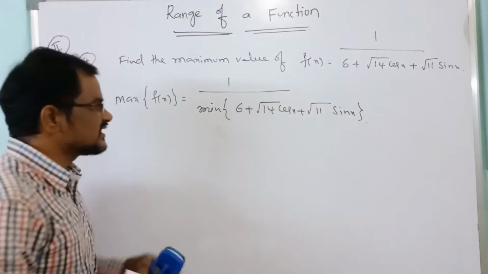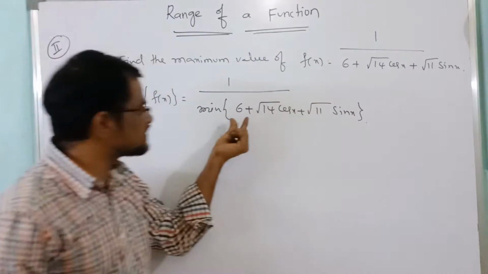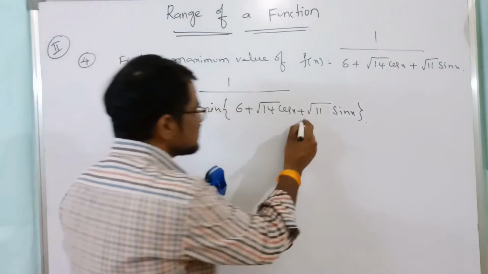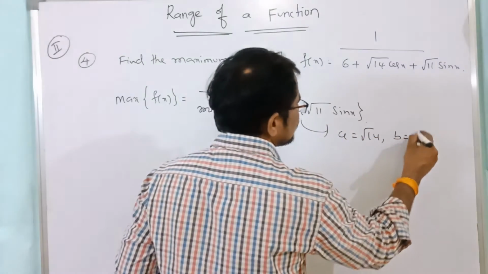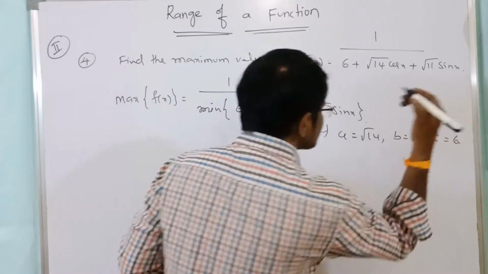Now is it in the form of a cos x plus b sin x plus c? Yes. In this one, a equal to root 14, b equal to root 11 and c equal to 6.